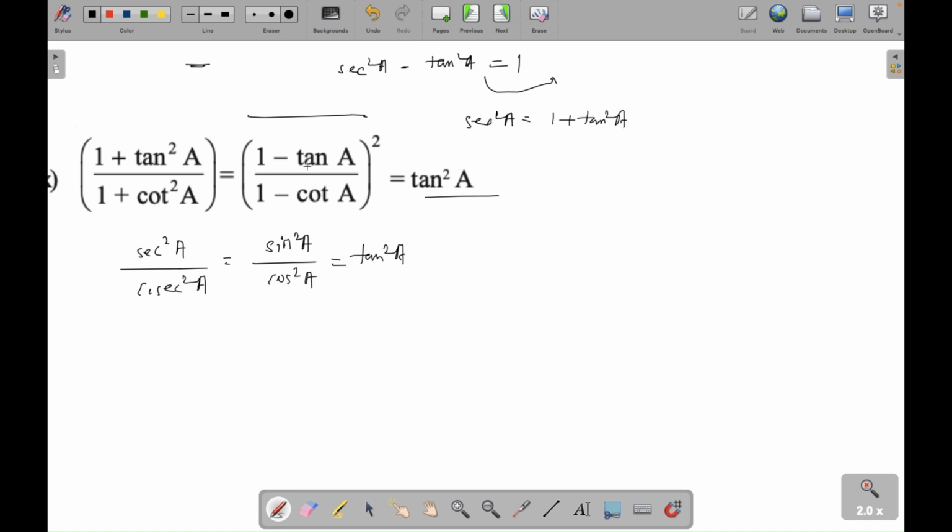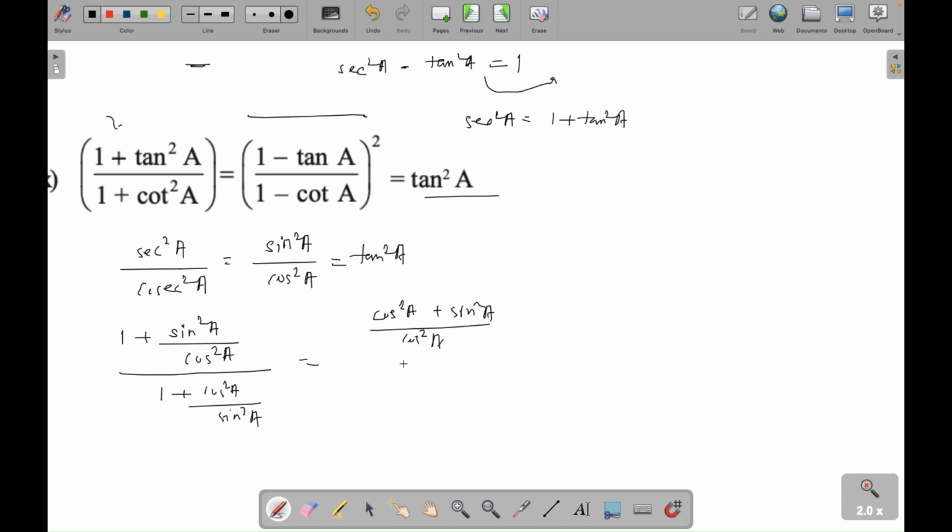So there is one more way in which you can solve this. So this one also there was one more way. You could have also written it, but this one is easier. You could have also written it like this: 1 plus sin square A upon cos square A upon 1 plus cos square A upon sin square A. Right. So if you take the LCM, you'll get cos square A, and then this becomes cos square A plus sin square A, which is 1.